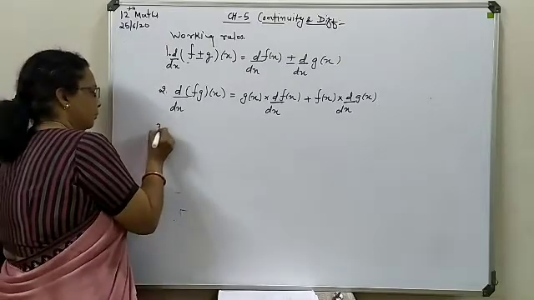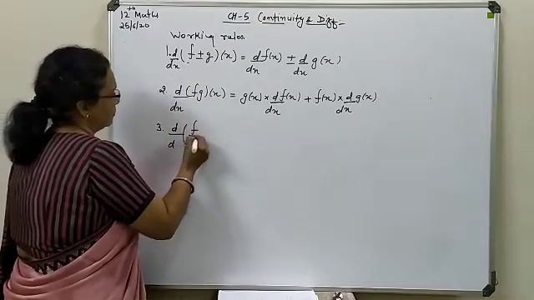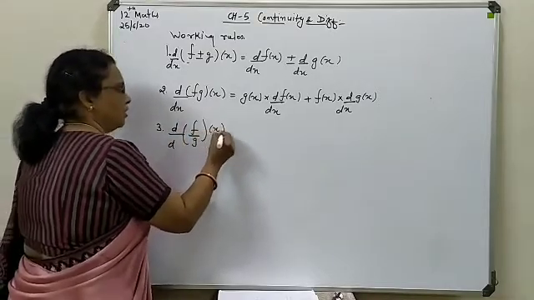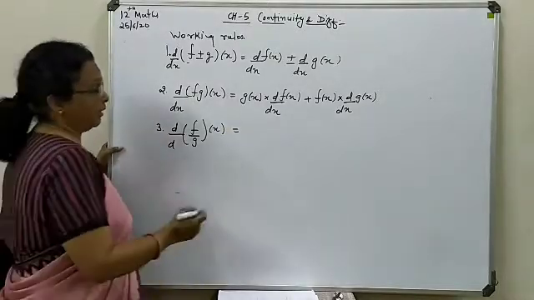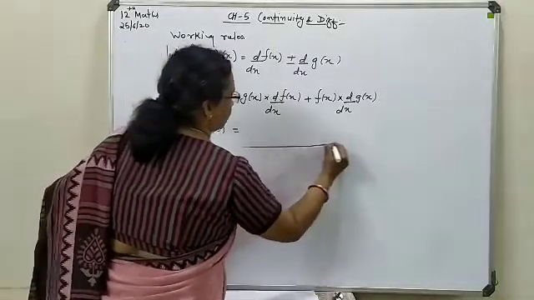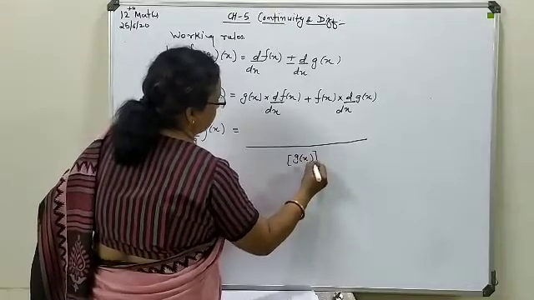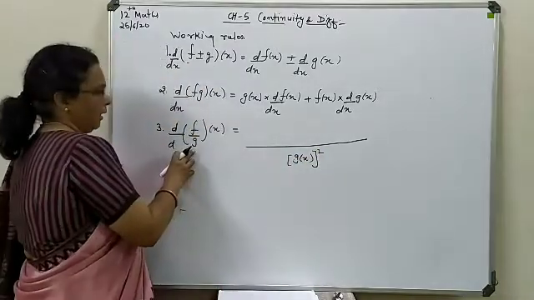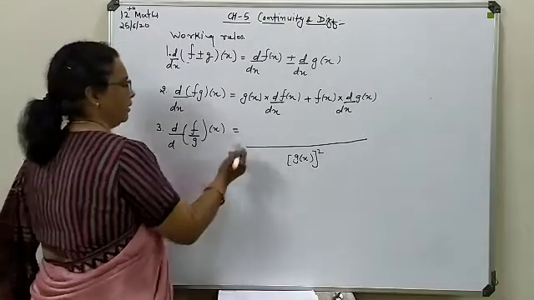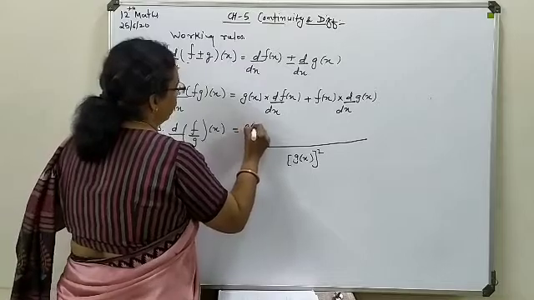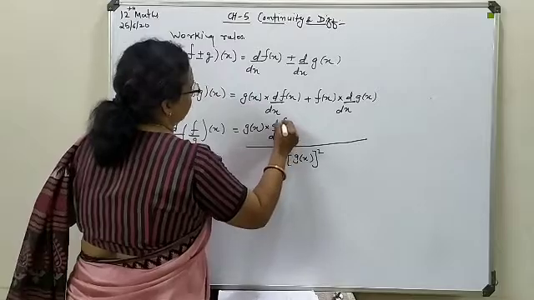Now the third and important form is the f by g form. If your functions are available in fraction form, this will be the method you follow. Is everybody clear? I am just repeating all this. First of all, the denominator function you will make a square. Then the same function you will write at the first position, followed by the differentiation of the numerator.